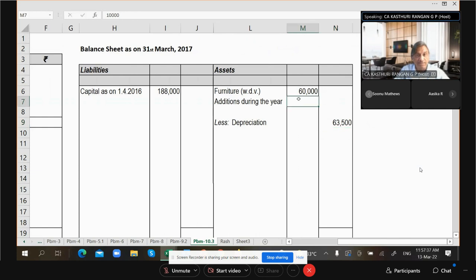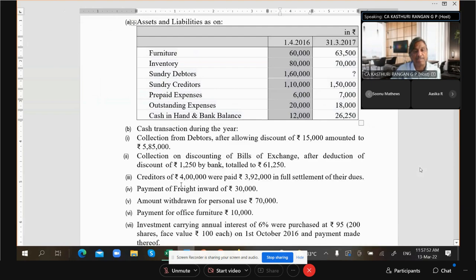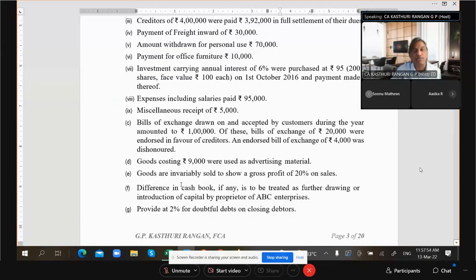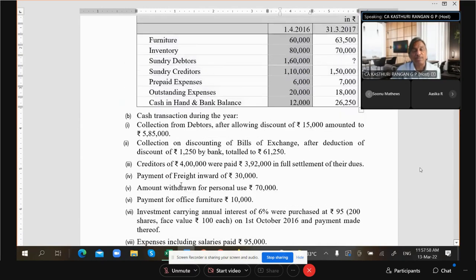If you know what is addition, the difference will be depreciation. Because the rate of depreciation is not given in the question, it seems. Or if it is given, you have to calculate it and put it. Whether depreciation rate is given in the problem, it is not given in the problem. Therefore, depreciation will be balancing figure in this problem.